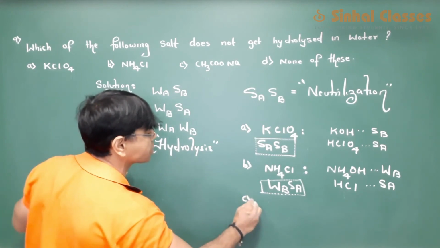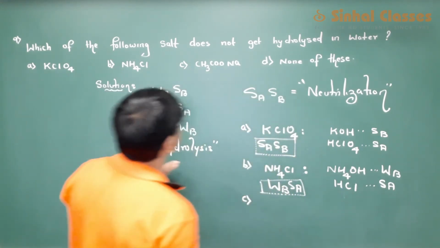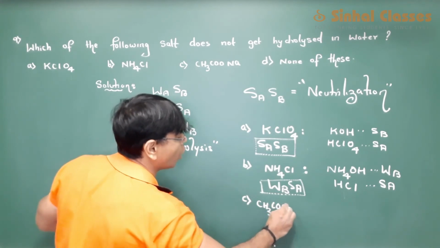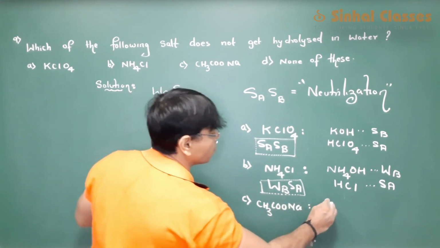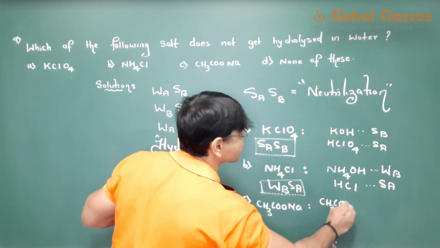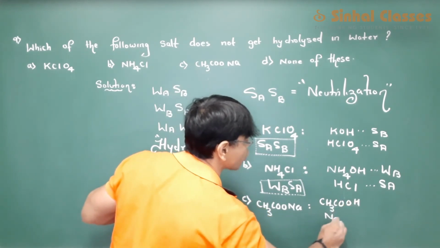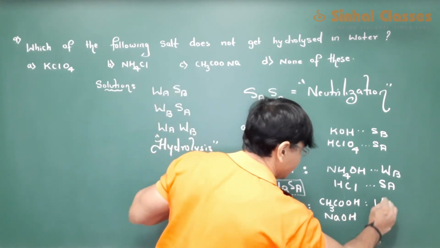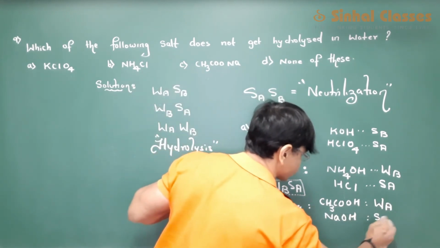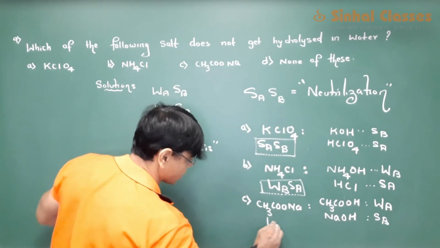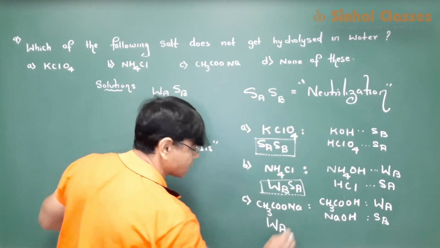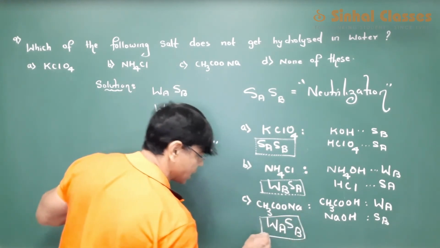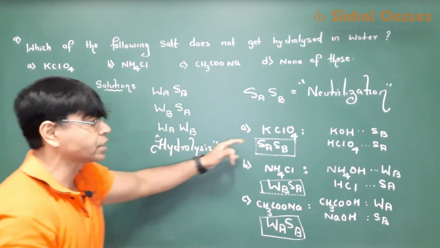What about option C? Option C is sodium acetate, made from acetic acid and sodium hydroxide. So it's a weak acid and a strong base, a salt of weak acid and a strong base.